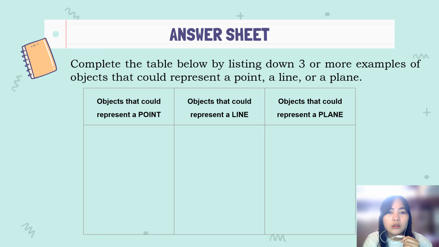In your answer sheet, we have this task in your lesson 1, module 1: complete the table below by listing 3 or more examples of objects that could represent a point, a line, or a plane. Name at least 3 or more examples that you see as a point, a line, and a plane. I hope you learned something in your module 1 lesson 1.